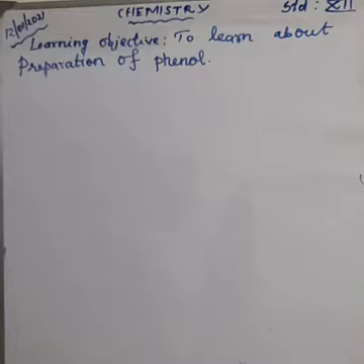First, what is phenol? Phenols are organic compounds in which an OH group is directly attached to a benzene ring. In the previous video I told you about the benzene ring.